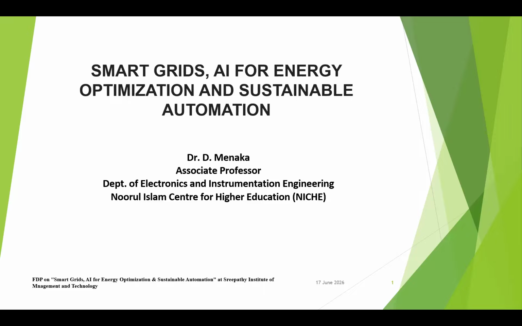So the grids are converted into smart grids nowadays, and we call this sustainable automation. Our living style has changed because of smart grids, and we are adapting the value for the present as well as the future. Therefore, this is valuable for sustainable automation.